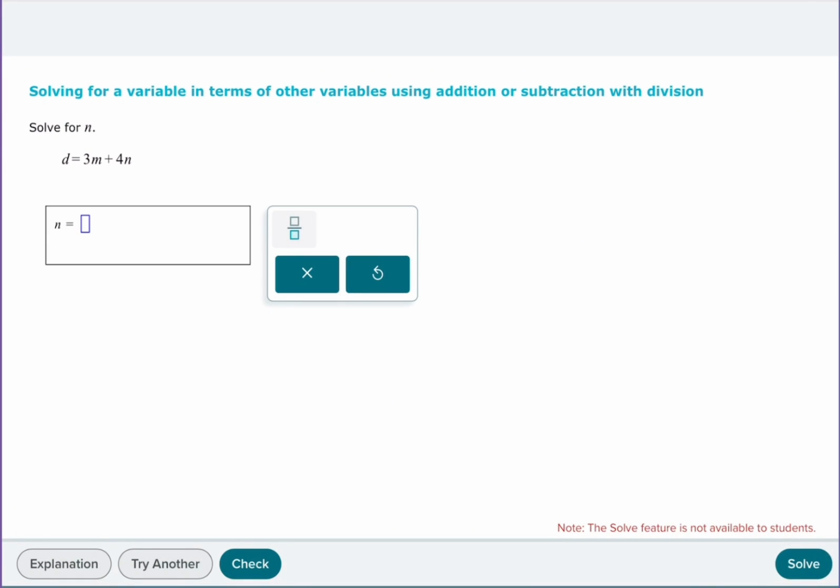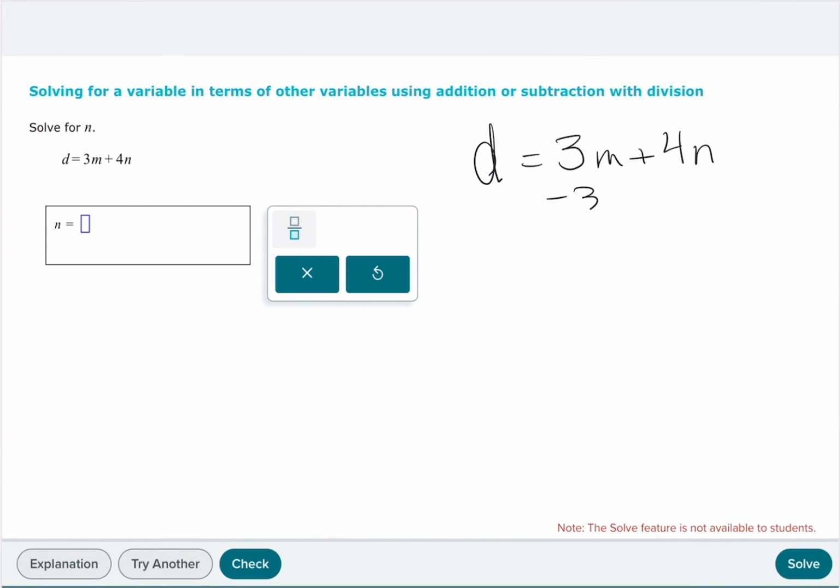So this time we're solving for the letter N. So D is equal to 3m plus 4n. I'm going to subtract 3m from both sides.